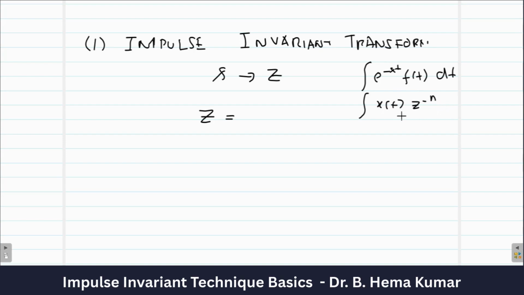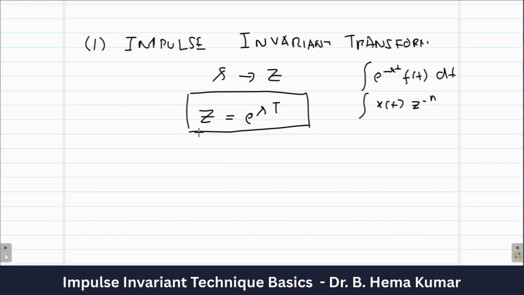This is how you define it. So I take the relation between Z and S as e power st. From this itself it is evident. So I take Z equal to e power st.